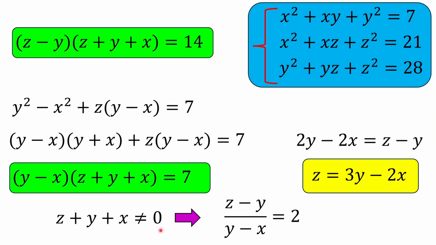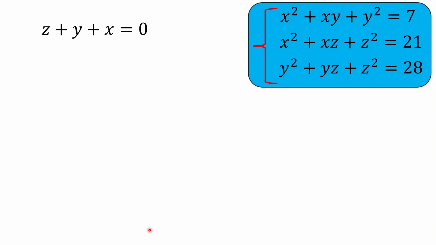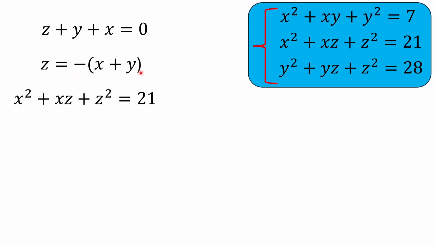Now first let us see what happens if x plus y plus z is equal to 0. If this is the case, obviously we can find z is equal to minus x plus y. We take the second equation and we replace z with its equivalent, which is minus x plus y.